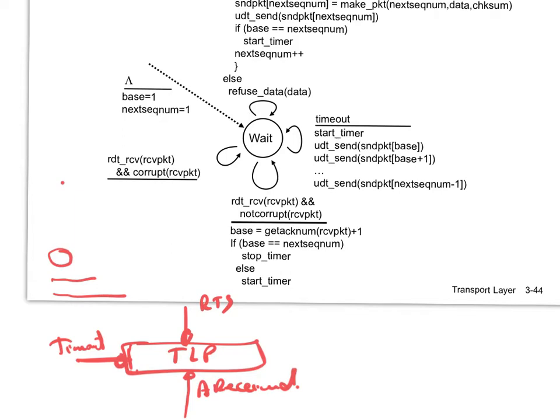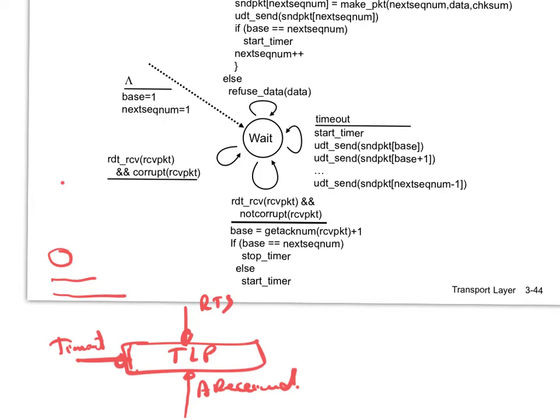I cannot do that because I don't know whether this acknowledgement is for segment 1, segment 2, or segment 3. What should I do? I don't have to retransmit the entire window every time I have a corrupted acknowledgement. It's not efficient to do that. So that's why you see something for stop and wait.